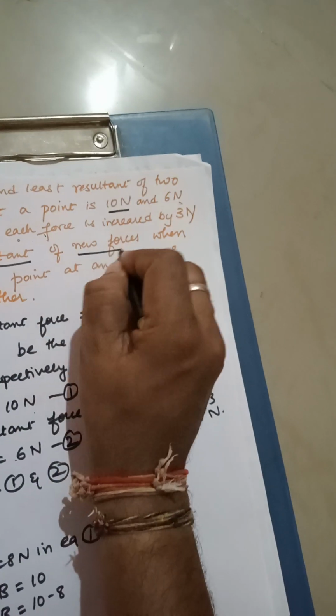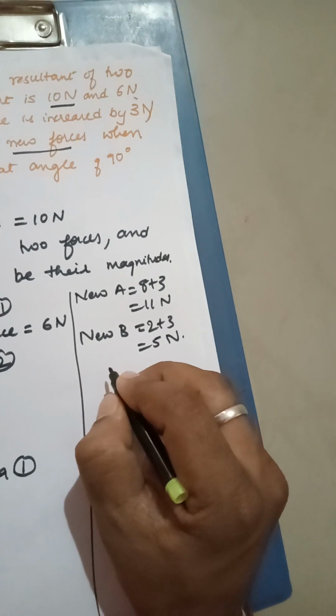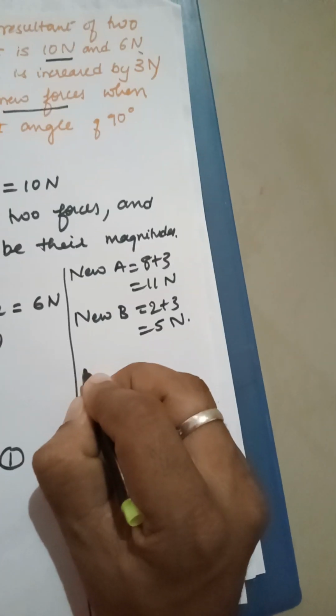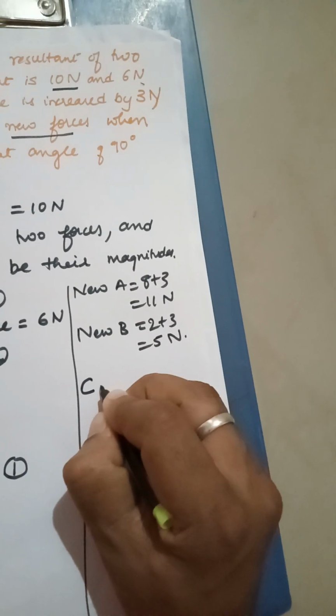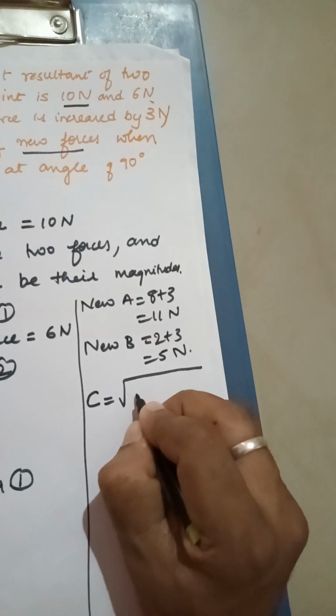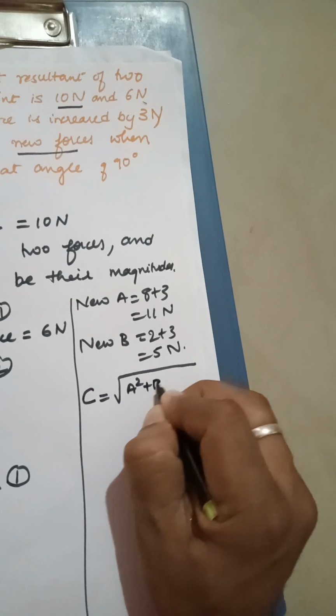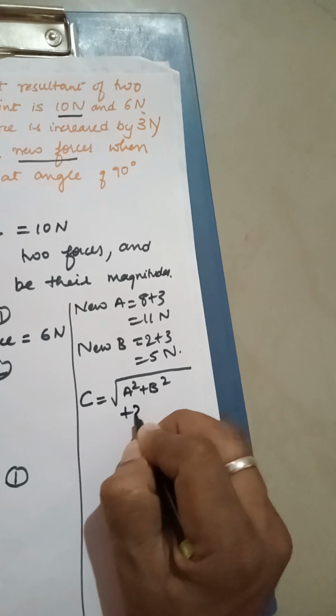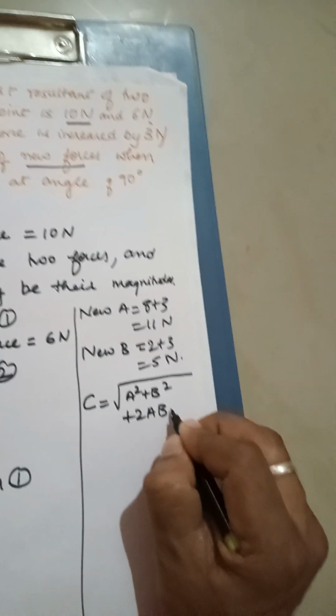Now we need to find the resultant of the two new forces. To find it, we can use this formula: C is equal to square root of A square plus B square plus 2AB cos theta.